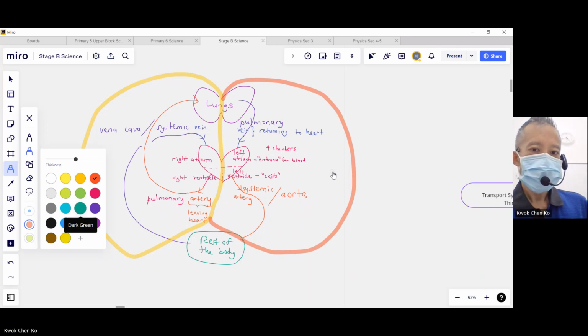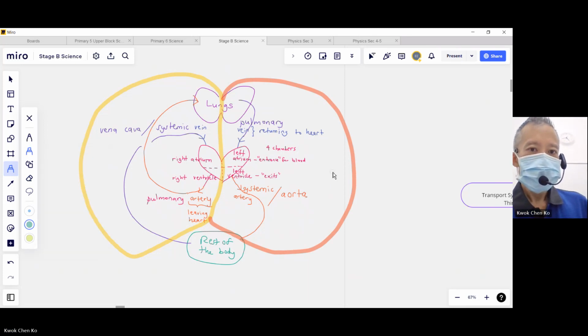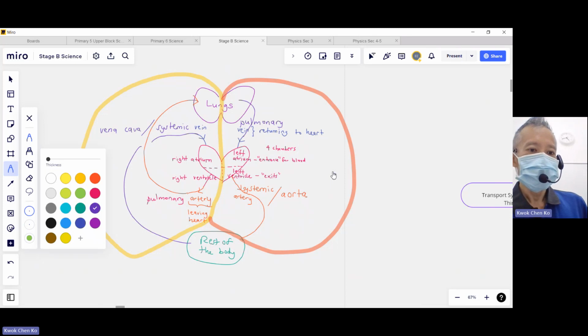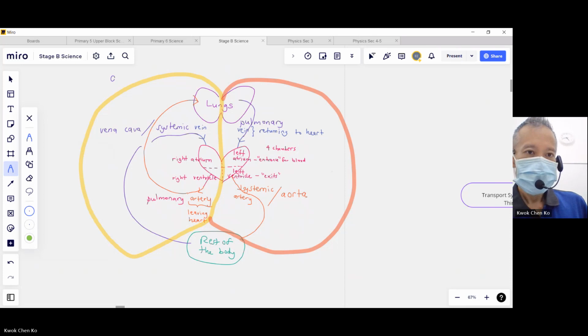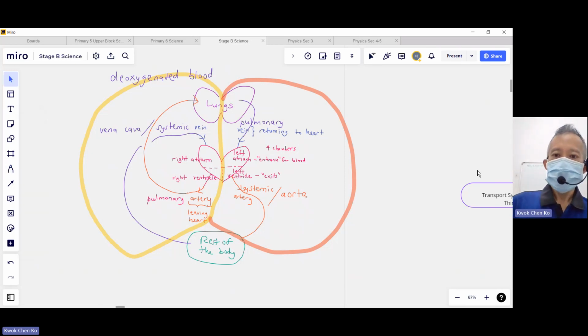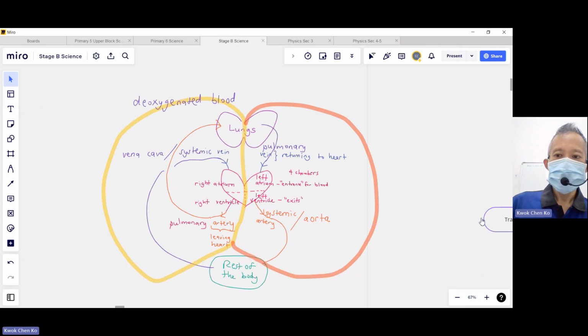Because typically the right side of it, as this guy is facing you, the right side will involve deoxygenated blood. Well, of course, no surprise there. Basically, deoxygenated means blood low in oxygen.